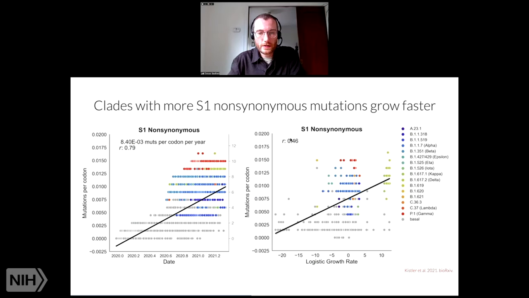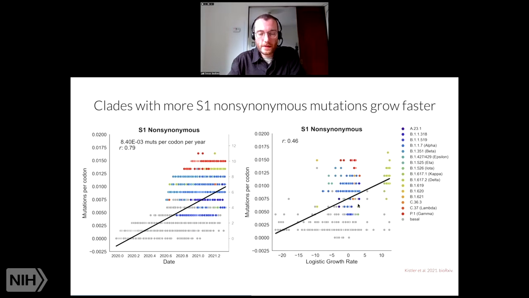This correlation, a Pearson correlation of 0.46, is basically, for the PopGen molecular evolution folks, equivalent to a McDonald-Kreitman test, and it's quite difficult to get an artifactual result here. If there's a significant correlation, I'd be willing to ascribe pretty strong belief that it's really the mutations in S1 that are driving clades to be more successful.